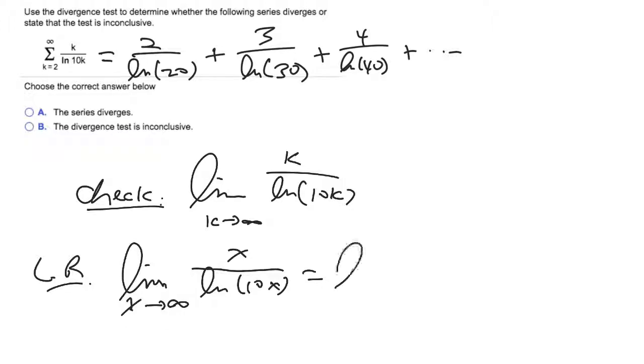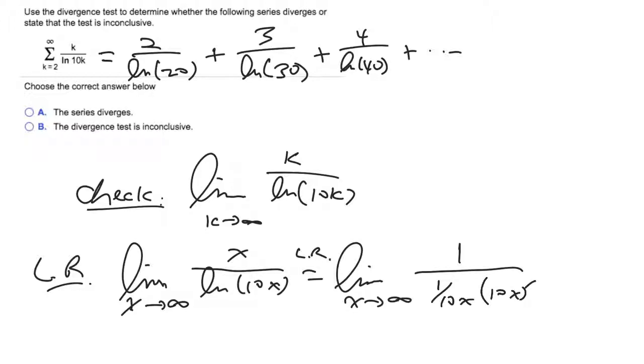So L'Hopital's rule says that the limit of this ratio is the same as the limit of the ratio of the derivatives. So the derivative of x is 1, and this is L'Hopital's rule that I'm using right here. The derivative of the denominator, the derivative of the log of something, is just 1 over that thing, and then I have to multiply by the derivative of that thing.